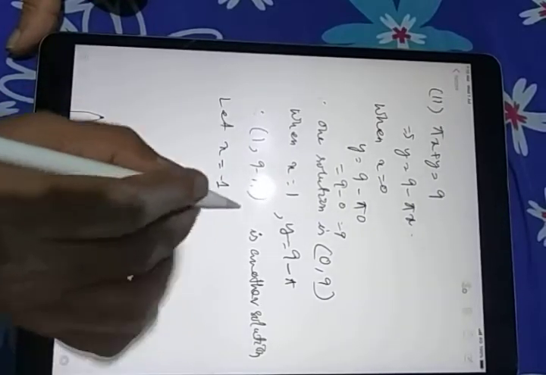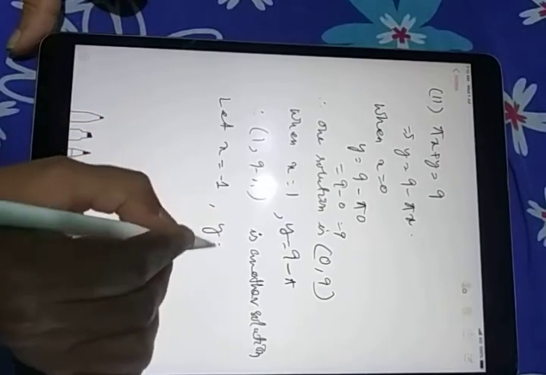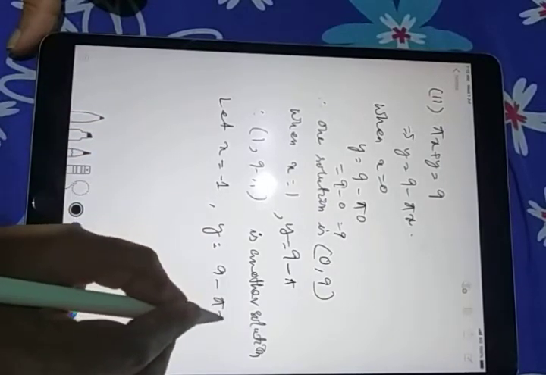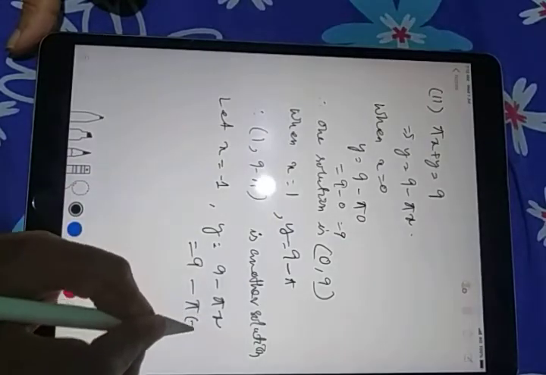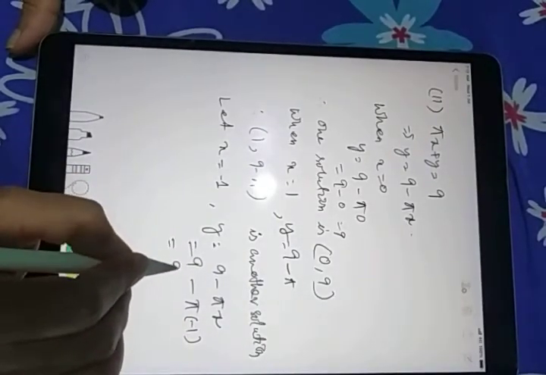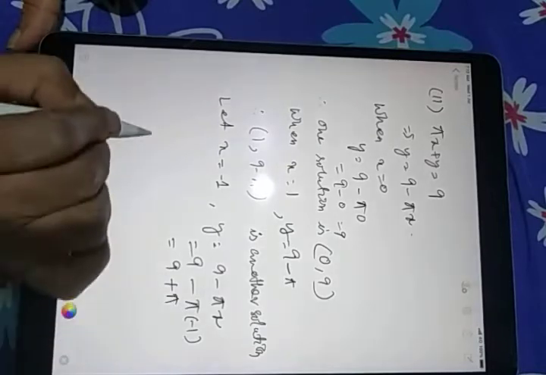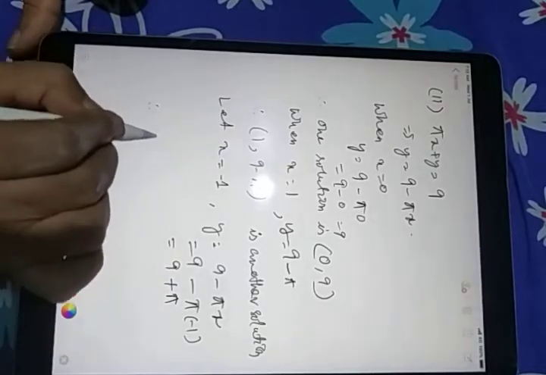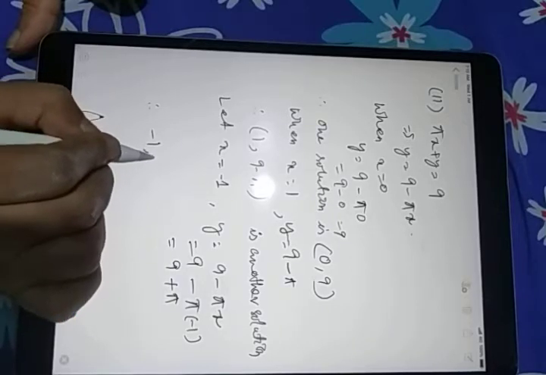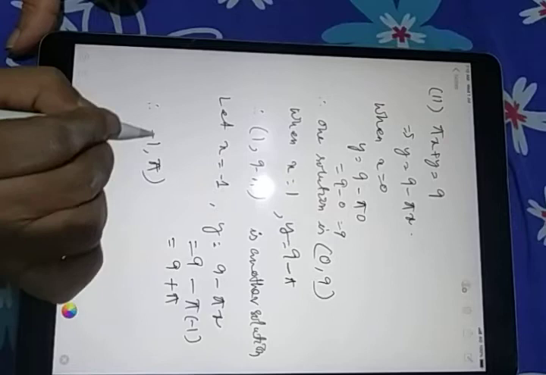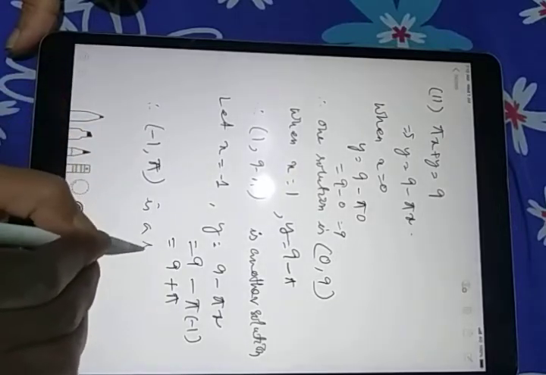So y will be equal to 9 minus pi x, that means equal to 9 minus pi into minus 1, that is equal to 9 plus pi. So (minus 1, 9 plus pi) is a solution.